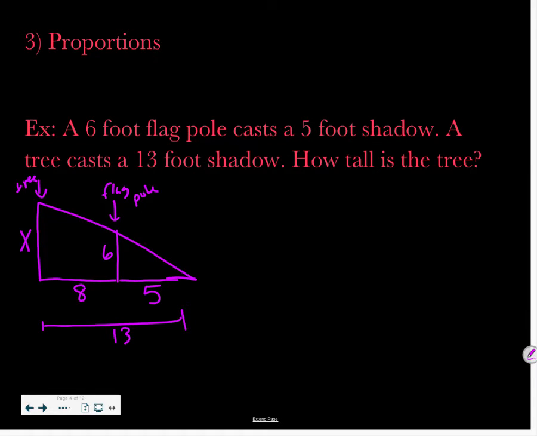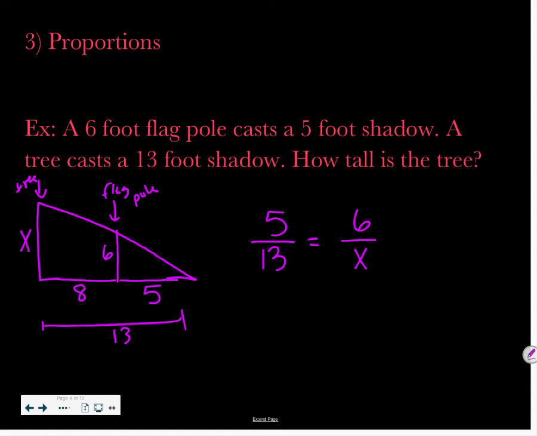And then you have to figure out what the height of the tree is, and we can do that by setting up a proportion. So 5 is the shadow for our flagpole. 13 is the shadow for our tree. 6 feet is how tall the flagpole is, and we're trying to figure out how tall that tree is.